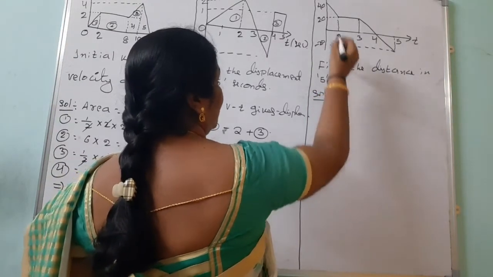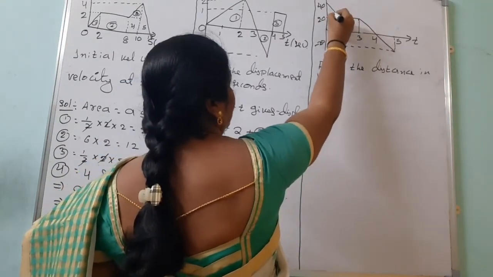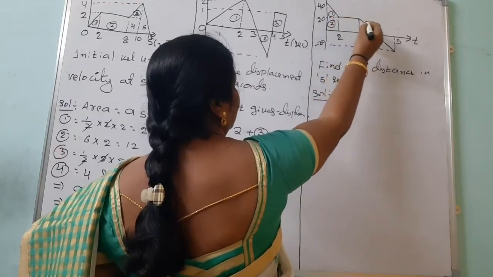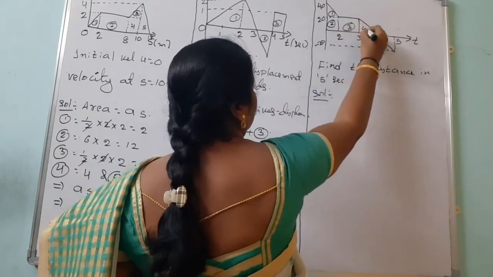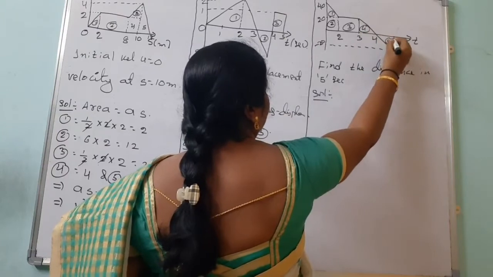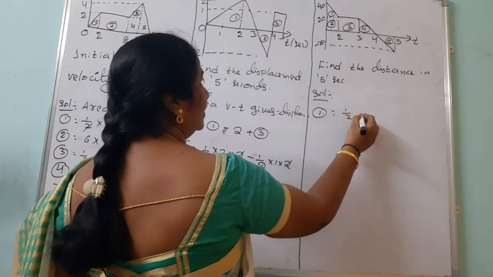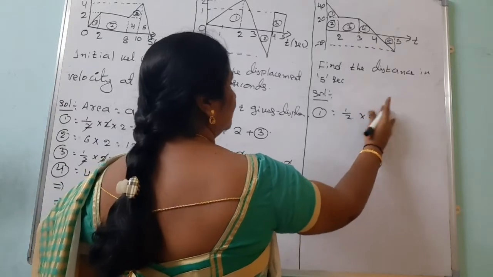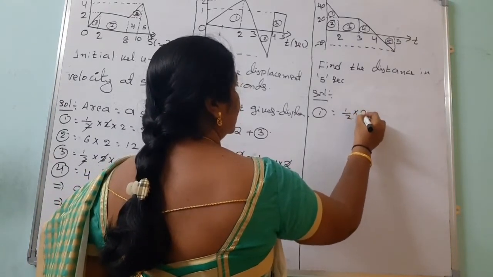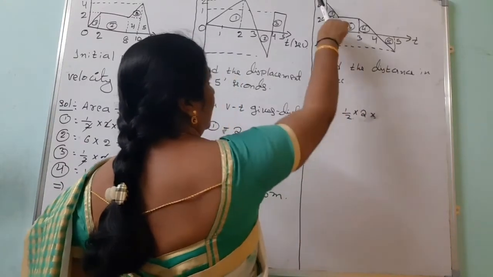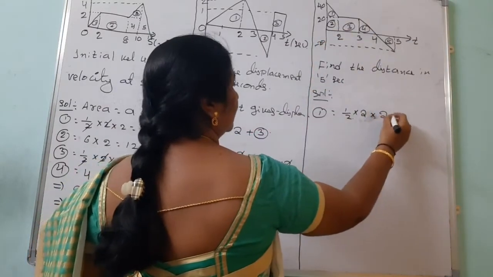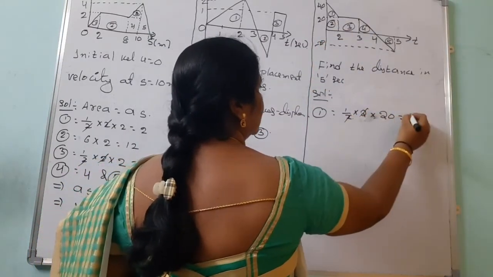First part area. See, this is the first part, this is the second part, third part, fourth part, and fifth part. So area of first part equals half into base 2 and height 40 minus 20, 20. This is 20.